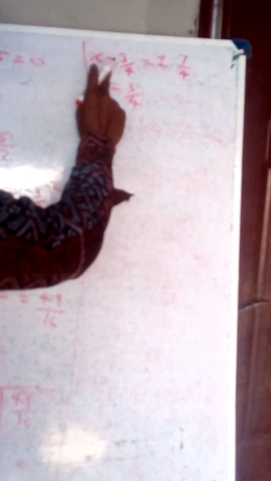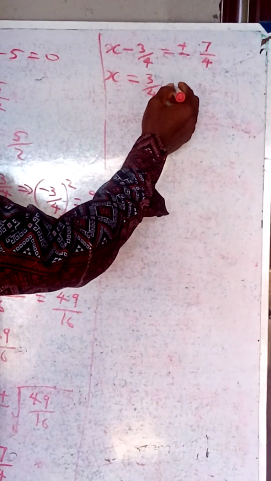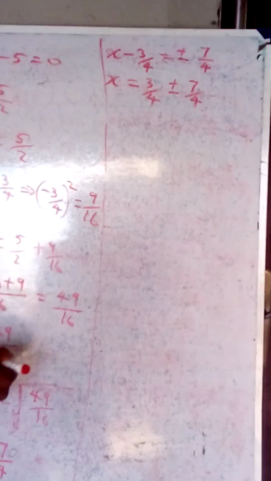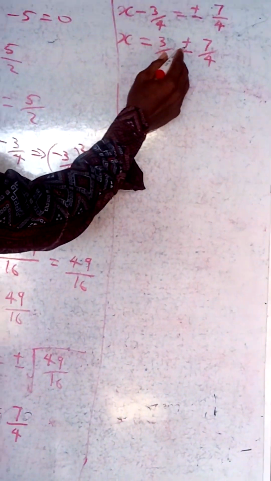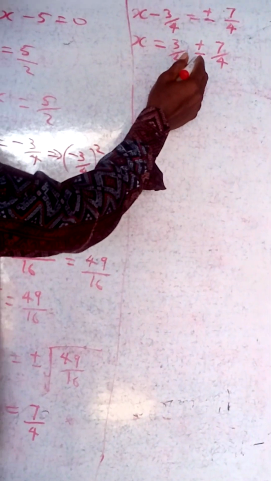So if minus 3 over 4 crosses to this side, it turns to what? 3 over 4. Alright, then plus minus 7 over 4. Alright, so we are going to use plus first, then later we use minus.